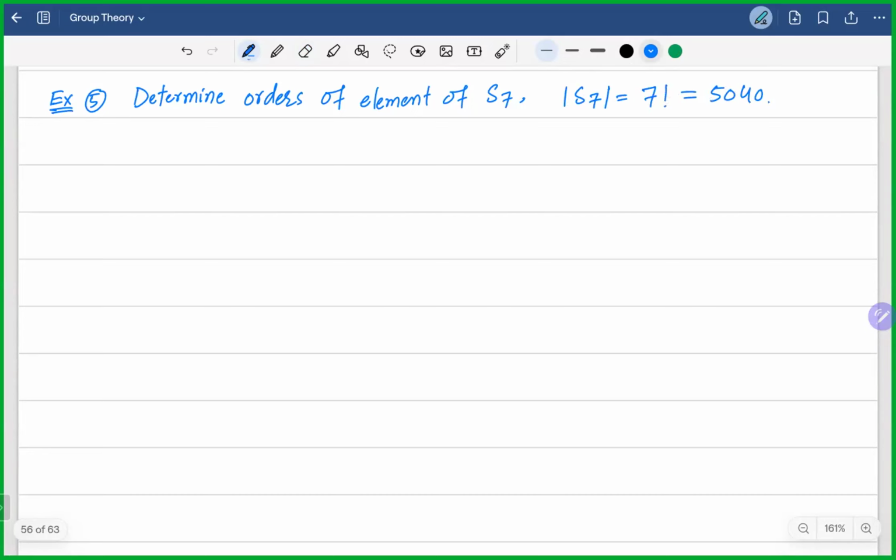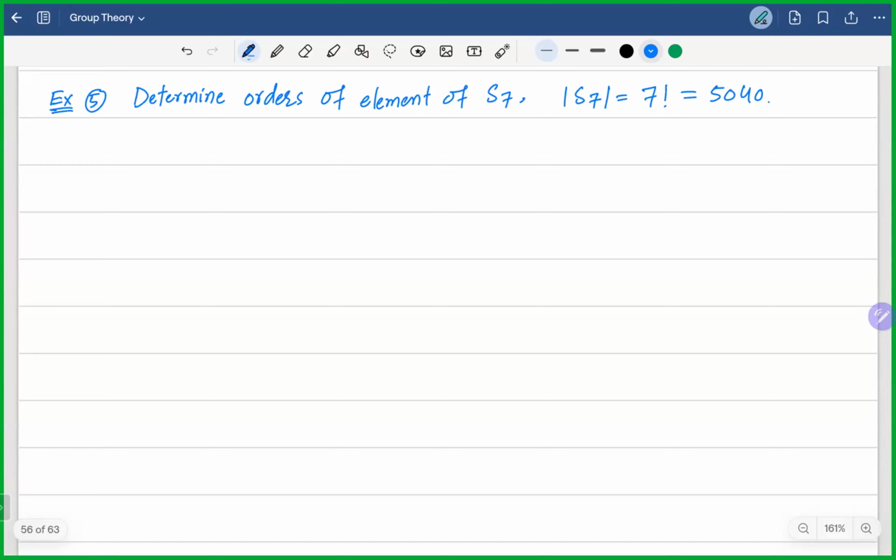You don't need to consider different elements or anything else, you just consider all the possibilities of disjoint cycles, and then you can say that this many elements have this order and that many elements have that order.